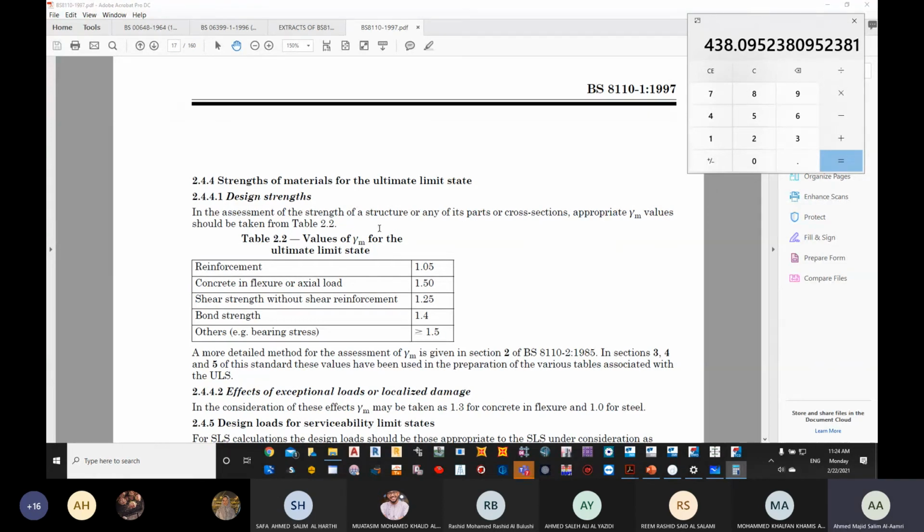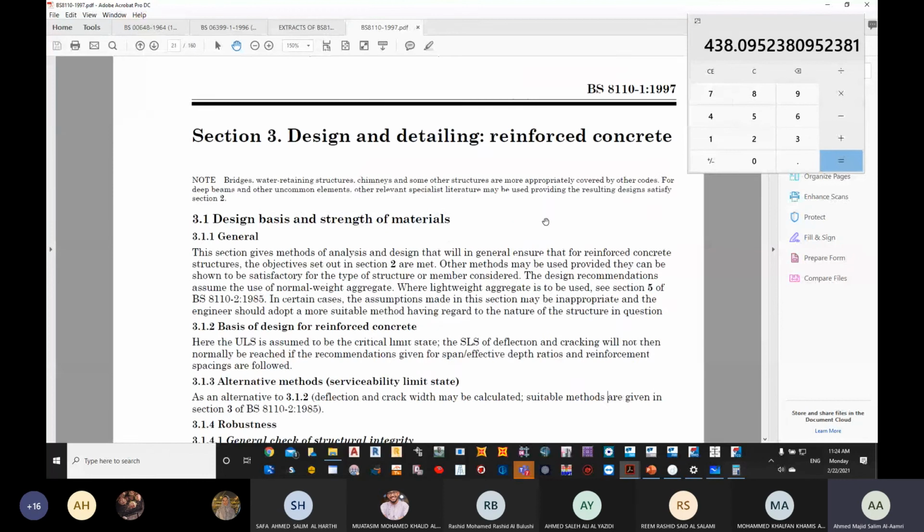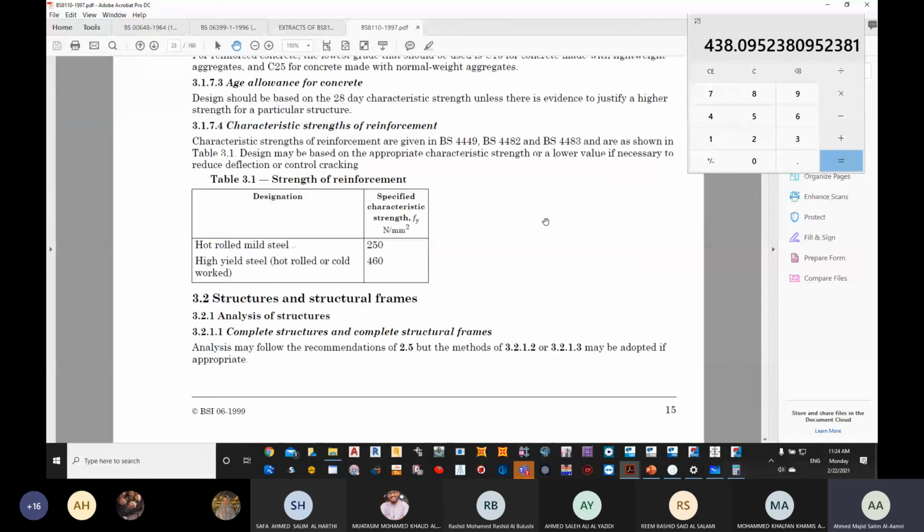Once again, the code has given you 5% variance in BS 8110 1997. If you are using 460, then they are giving you 1.05, meaning 5% variance. So you can see that the code has specified only one reinforcement here, which is 460, with an allowance of 5%.